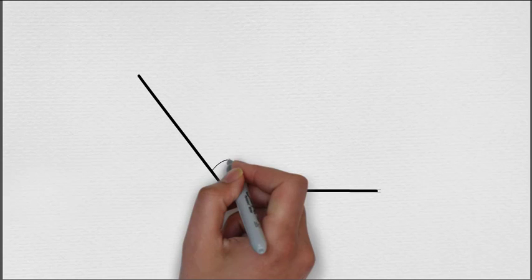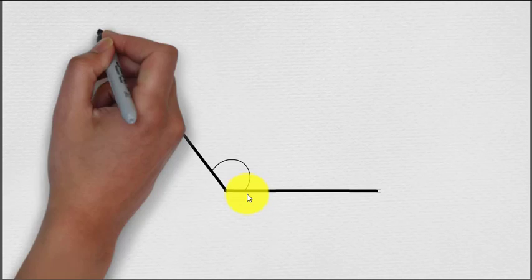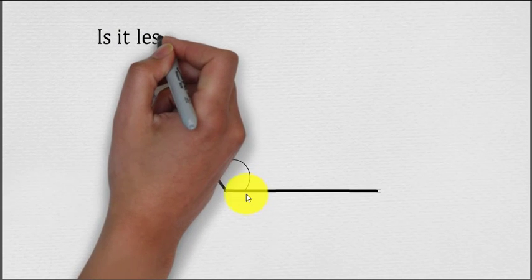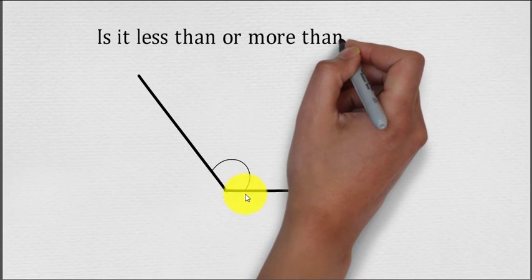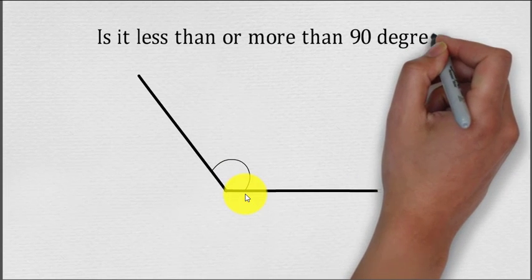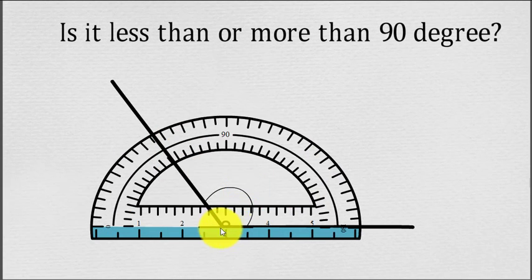Now this one is a little bit wide, and we're going to find out what the angle is. So the question is, is it less than or more than 90 degrees? We will find out if we put a protractor here in line with that, and we find out that it is more than 90 degrees. You know why?